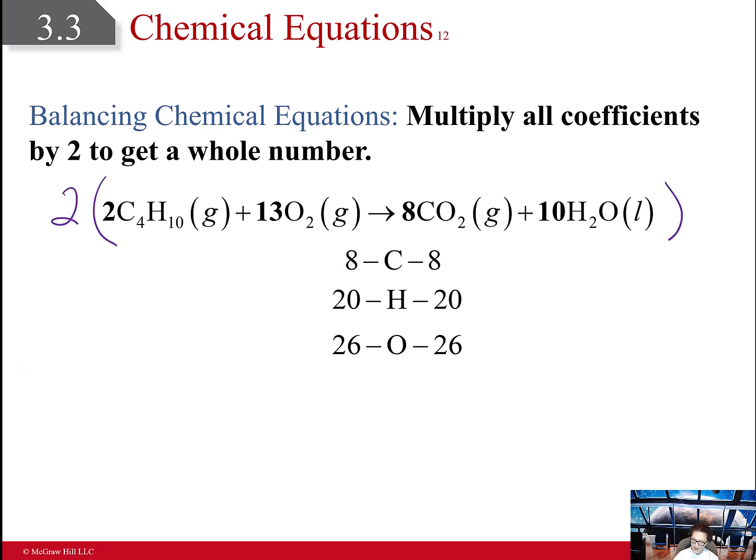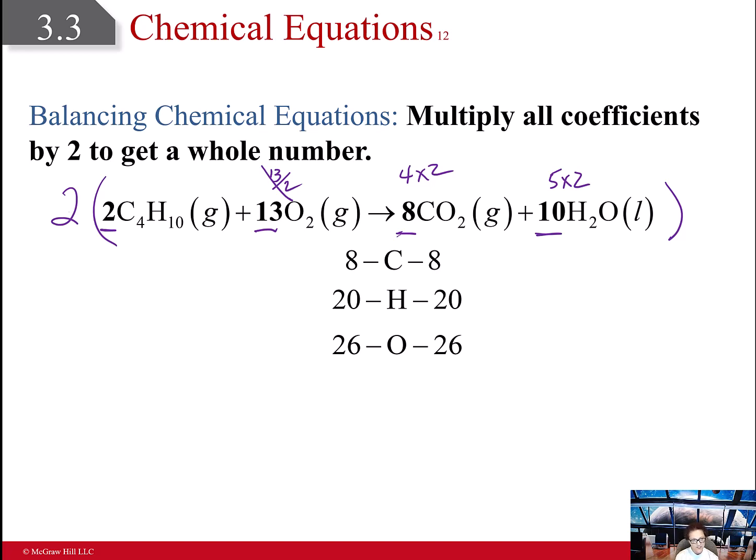When I do that, that's going to give me 2 times 1 butanes, 2 times 13 over 2 oxygens, which is now 13, I have 8, so 4 times 2 carbon dioxides, and 5 times 2, which is 10 waters.